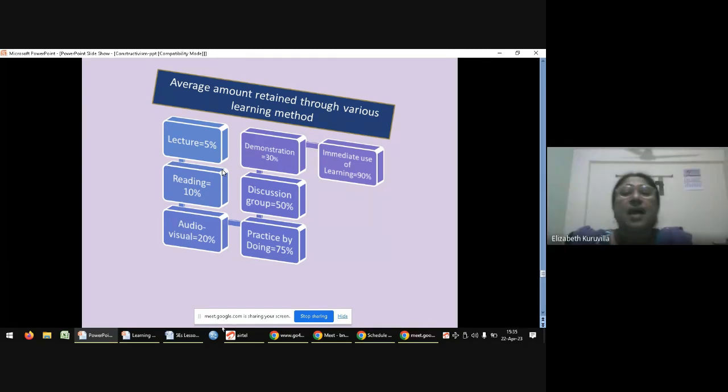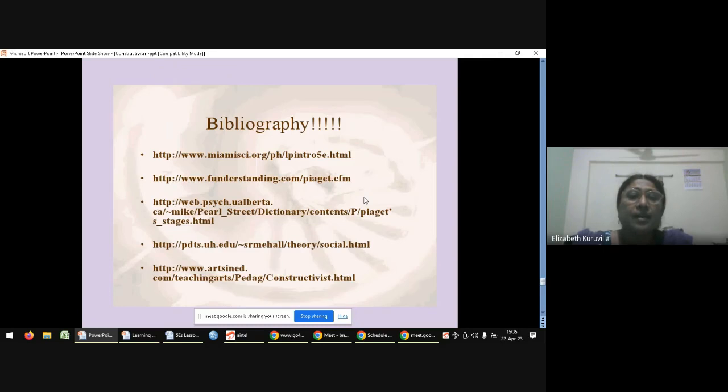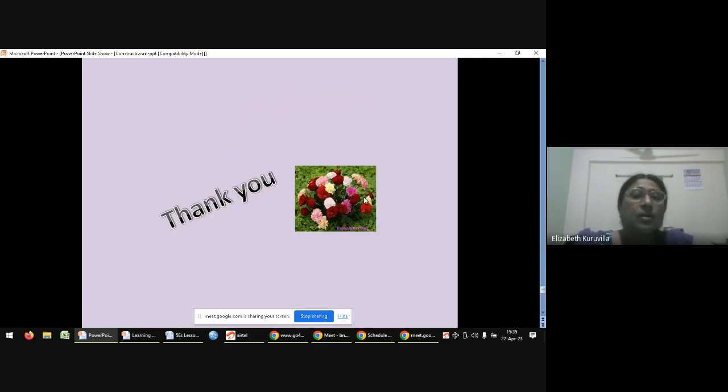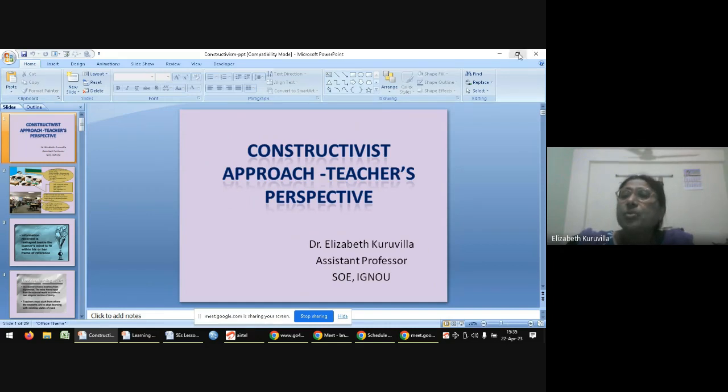So this is the average amount retained through various learning methods. These are the various learning methods and the percentage is given. So the highest percentage is upon immediate use of learning. So this is all about the constructivist theoretical approach.